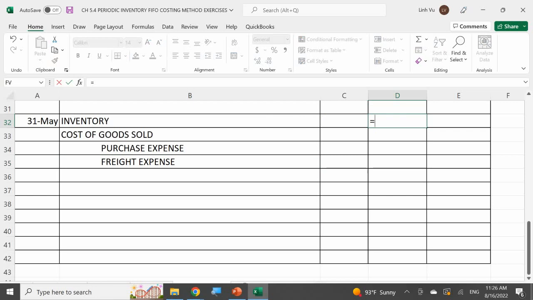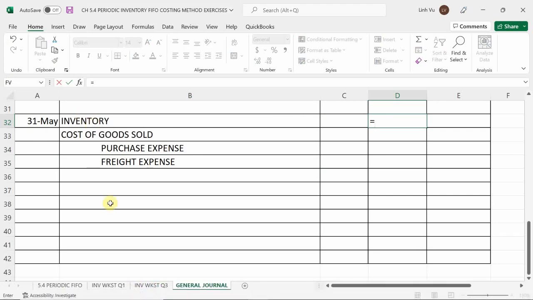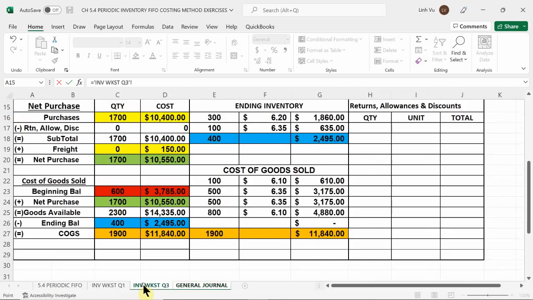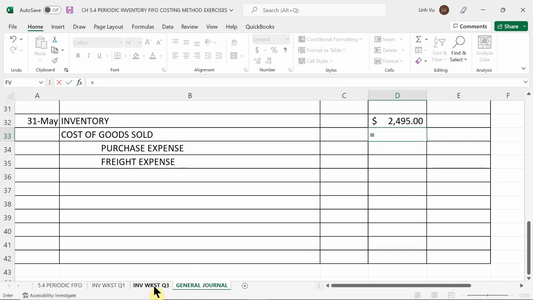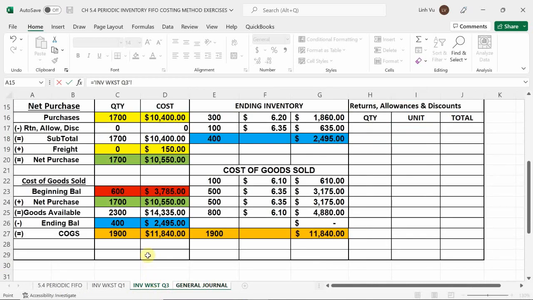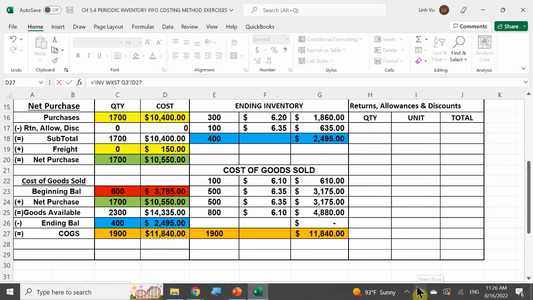So what value am I going to put in this first inventory here? What am I recognizing in that first inventory? The 400 units at what total cost? $24.95. Okay. What about my total cost of goods sold? $11,840.